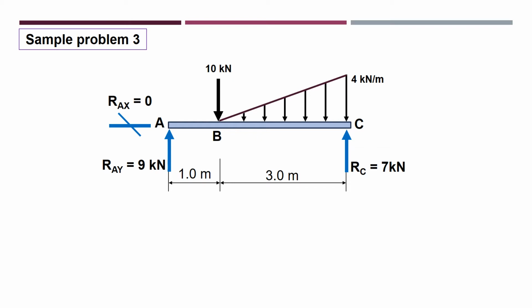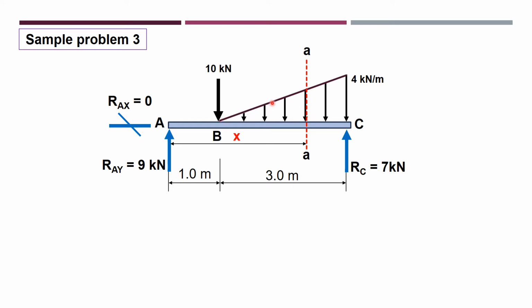And then for segment BC, pass an imaginary cutting plane and then measure it from end A. Pero pag tinignan mo dito, class, dahil ito ay uniformly varying, itong portion na to ng load will not have this 4 kilonewtons per meter as its magnitude.